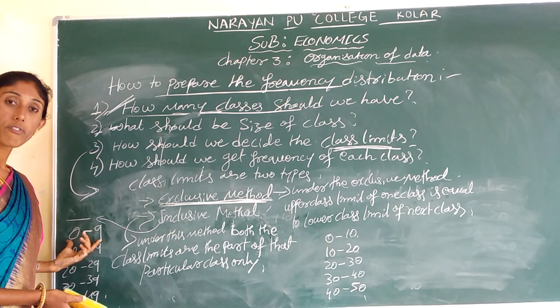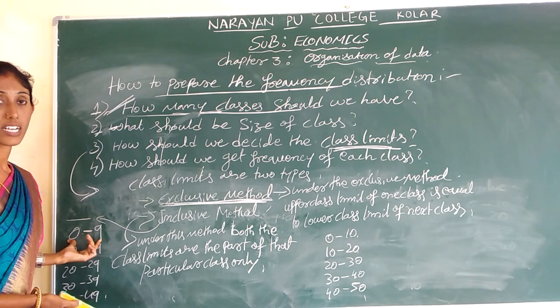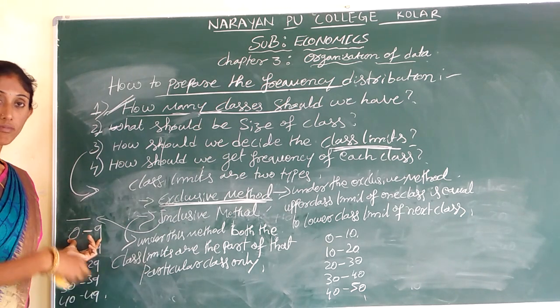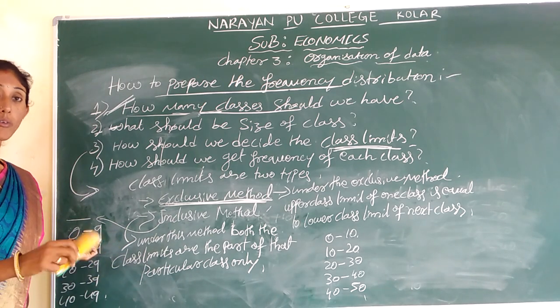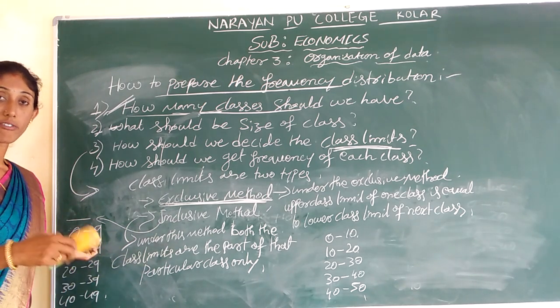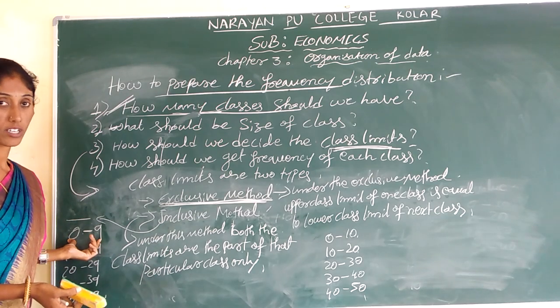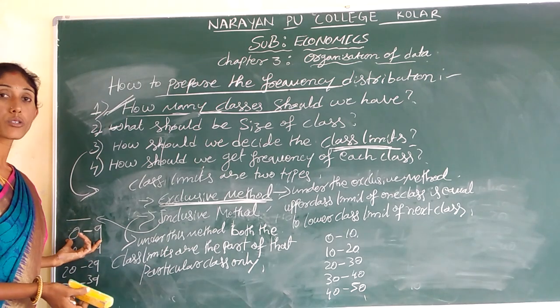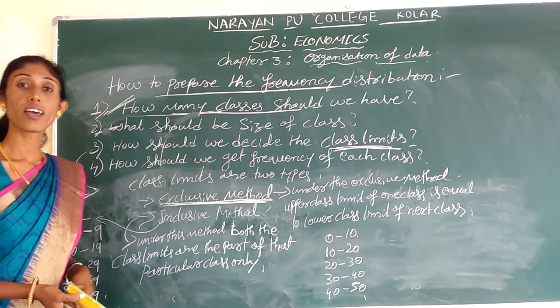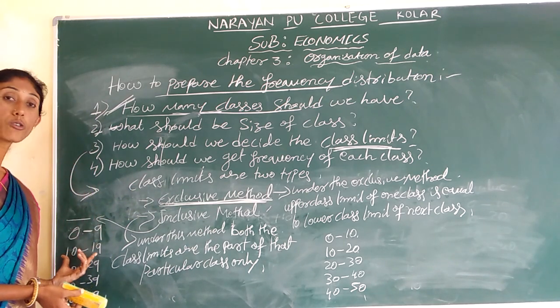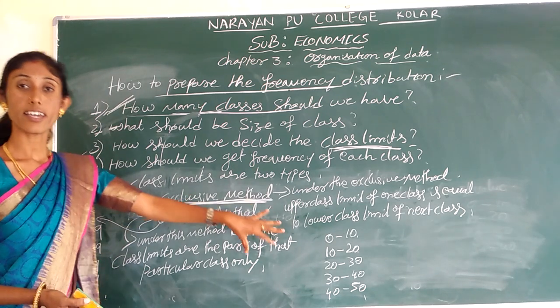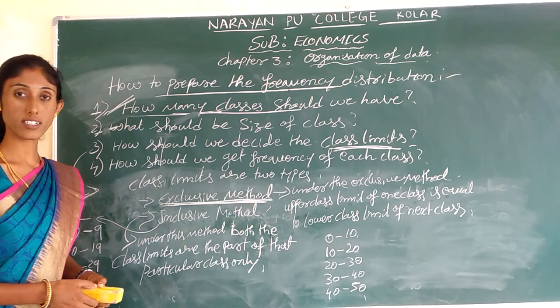With an inclusive method of data, it is impossible to analyze or understand further. If you want further clarification, this inclusive data we should convert into an exclusive way. How we should convert this inclusive method of data into an exclusive method, we will discuss now.